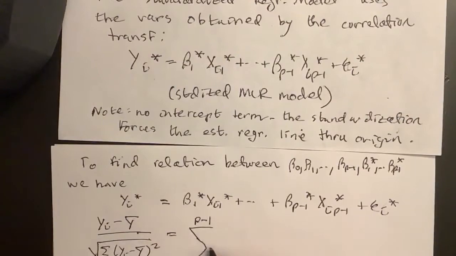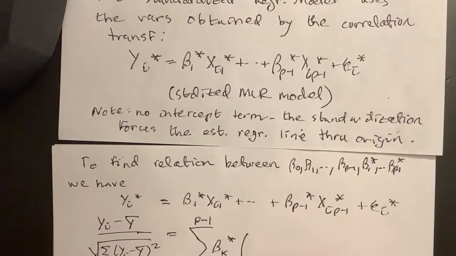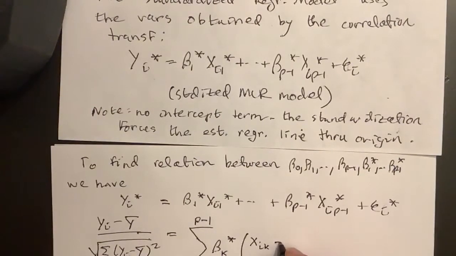And here I have my beta k star. And for my x, I have that thing that looks very similar over here. I have xik minus xk bar, because I'm just talking about the i term.